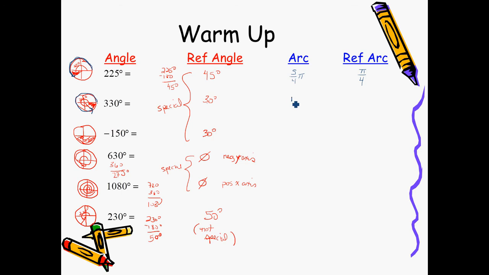That's right, 12. So this is 11 pi over 6. What's the reference arc? Hello, pi over 6. I love reference arcs.